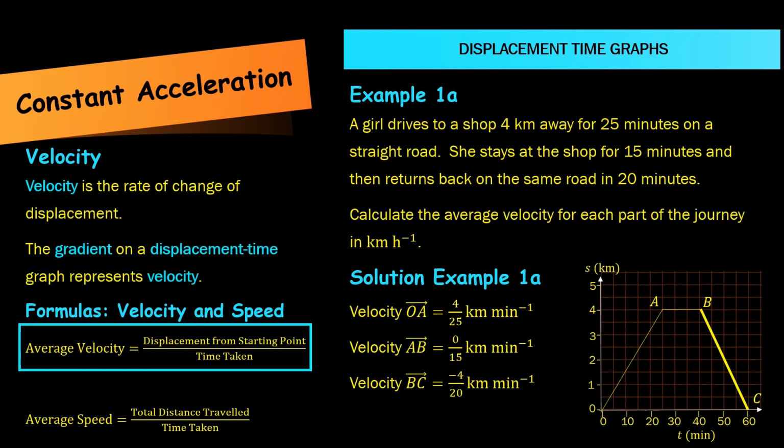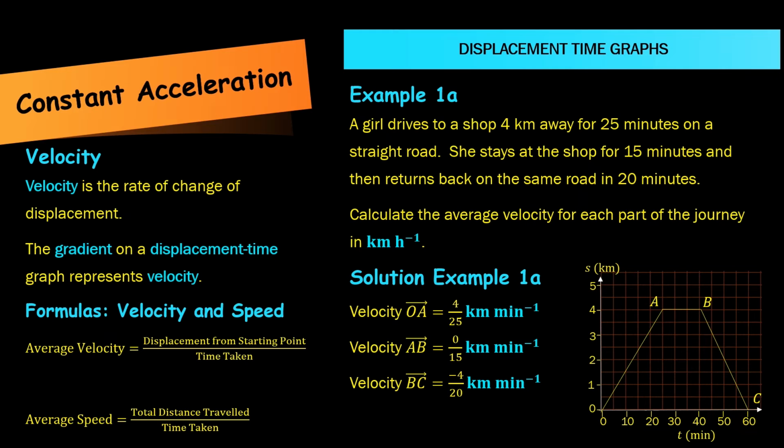And the final part of the journey, because she's going back, so in the reverse direction to the positive direction, and we're looking at displacement from the starting point, she's therefore travelling minus 4 kilometers in 20 minutes. So minus 4 over 20. And of course, all of these units are in kilometers per minute.